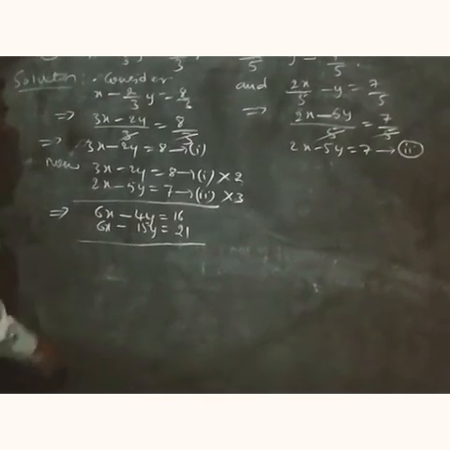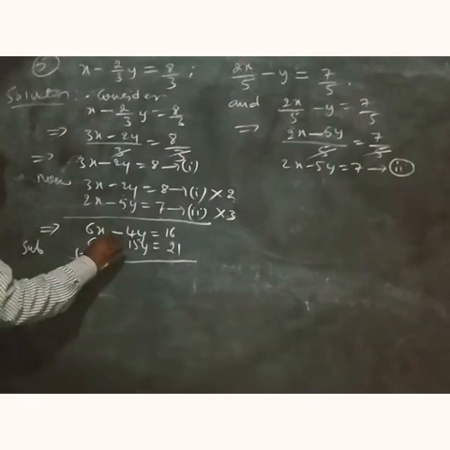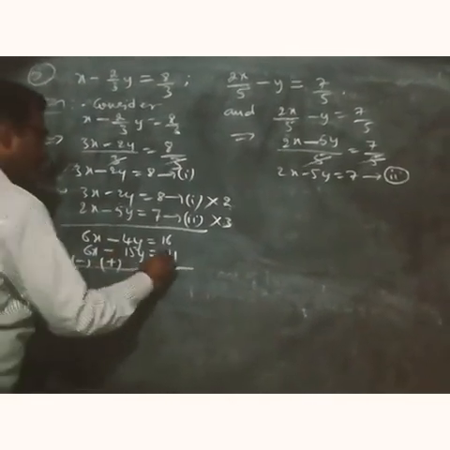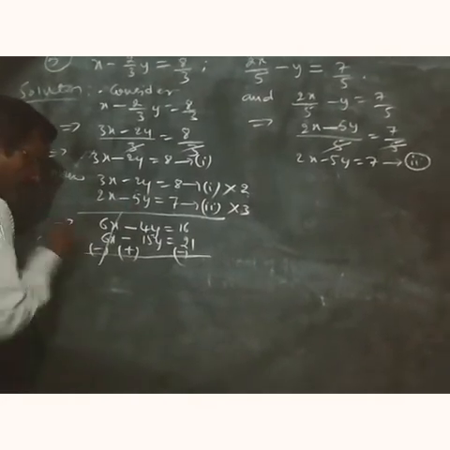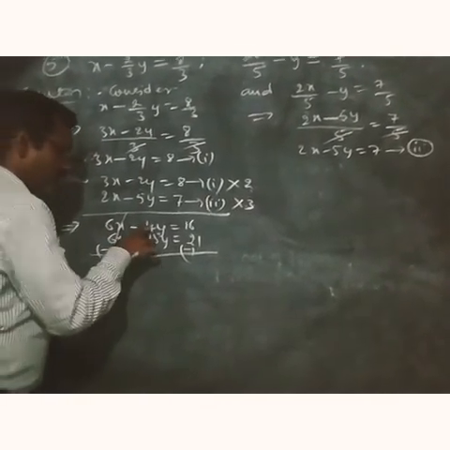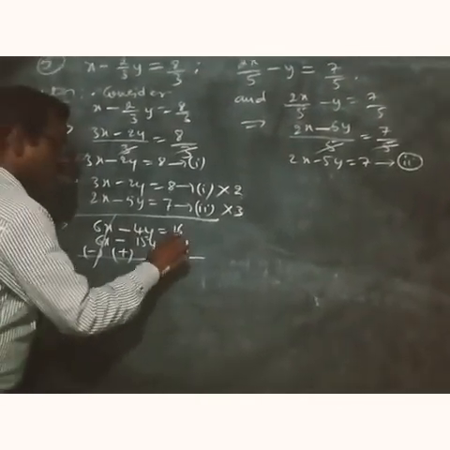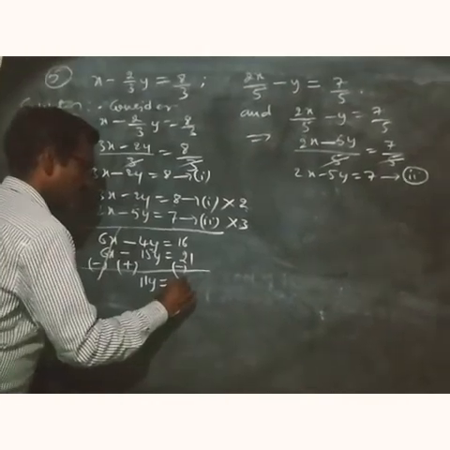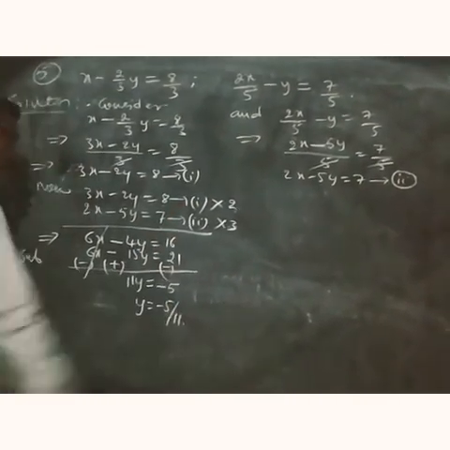On subtracting, plus will become minus, minus will become plus, and plus will become minus. So 6x minus 6x will get cancelled. Now here it is plus 15 minus 4, that is plus 11y. Minus 21 plus 16 is minus 5. So y is equal to minus 5 by 11.